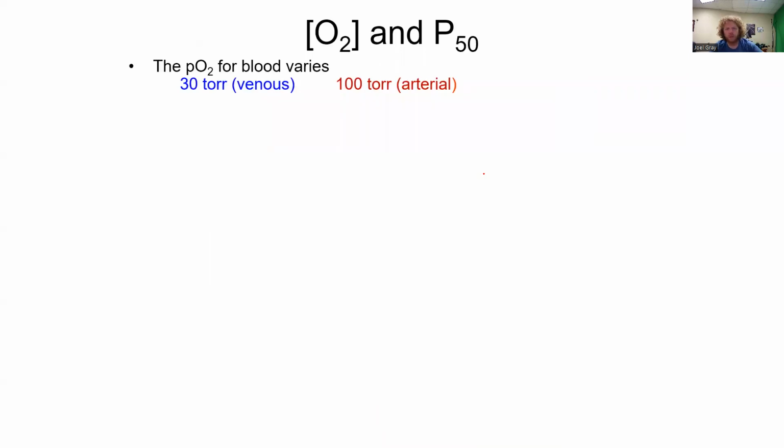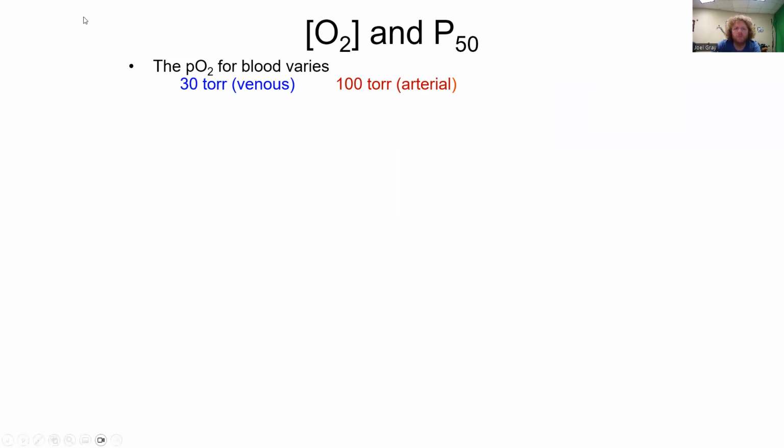Now that's really where I want to proceed with the Hill equation and the Hill plot, because I'm most interested in those nonlinear, those sigmoidal curves. Now, what about the pressure of O2 and the P50?